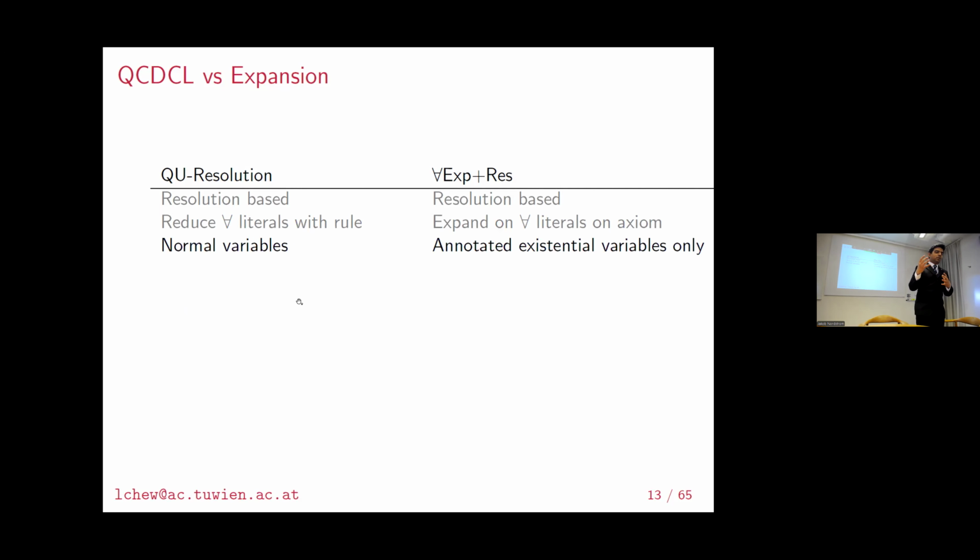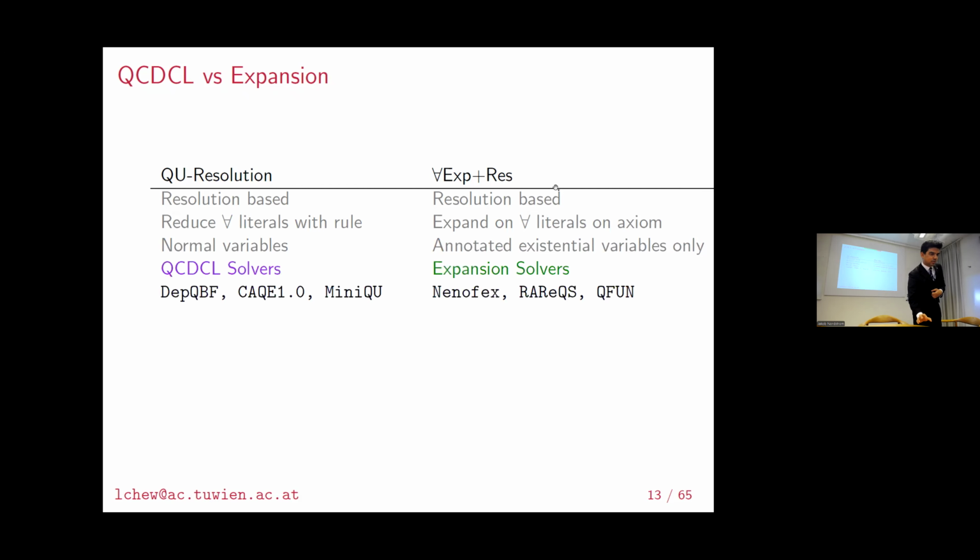QU resolution has the advantage of being able to work with the original variables, whereas for expansion, you always use existential variables, and you have to include many copies with these annotations. And they actually correspond to different kinds of solvers. On one side, we have these QCDCL solvers, and on the other side, we have expansion-based solvers.